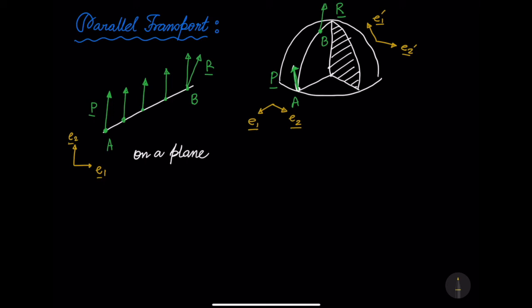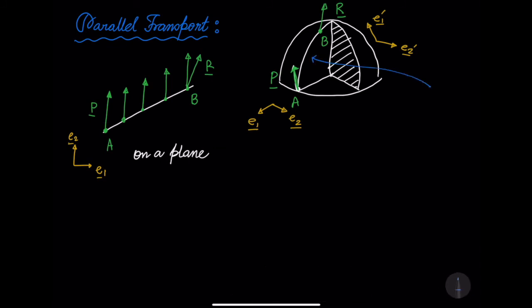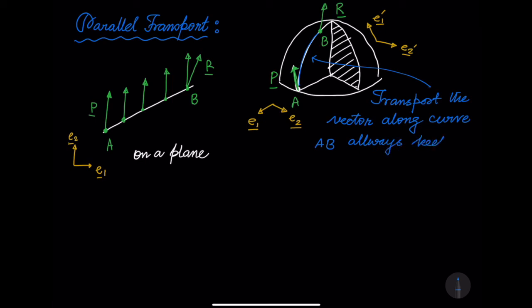Always, when you transport it a little bit along that curve, transport it parallel to itself and bring it to the point P. So transport the vector along curve AB, always keeping it parallel to itself.